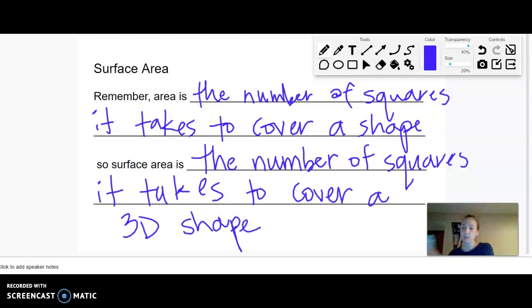So if I have a rectangular prism like this Kleenex box, how many squares would it take to cover all the faces? Front, the back, the top, the bottom, this side, that side. Really any 3D shape. I could figure out the surface area of my cup if I figured out how many square inches or square centimeters it takes to cover my cup. Any 3D shape we can find the surface area of.